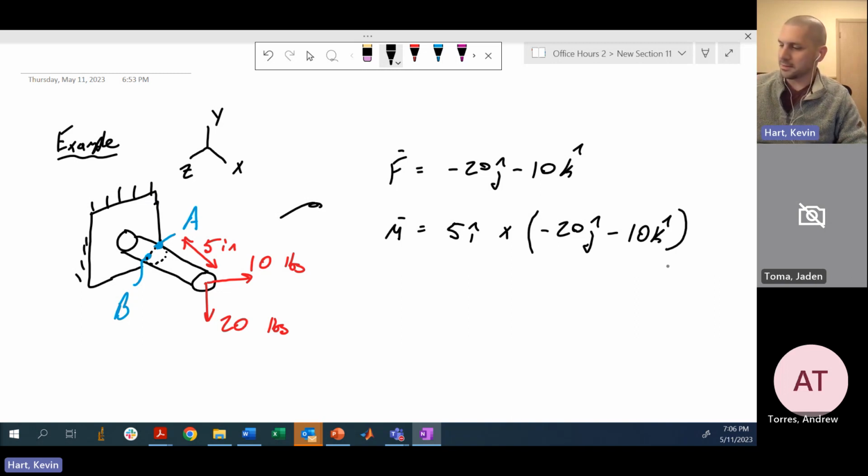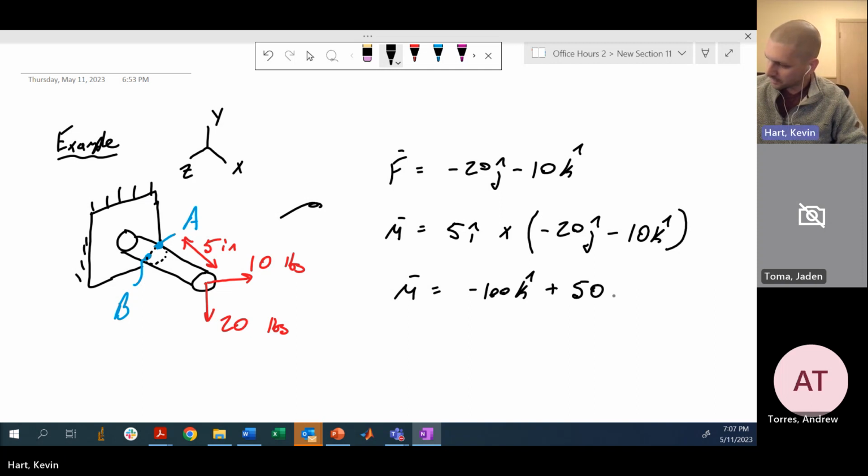Okay, and we can go through this if you want. I cross j would generally give me positive k, but we have a negative sign in front, so negative 100 k hat. And then we have i cross k, which would generally give me a negative j. We have a negative sign in front, so plus 50 j hat. This is what you would typically get if you looked at something like this.